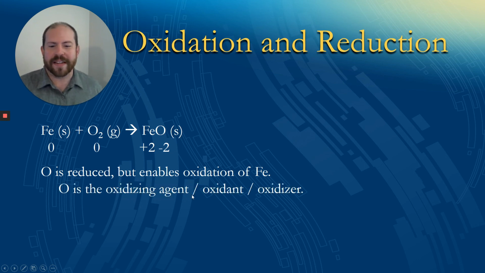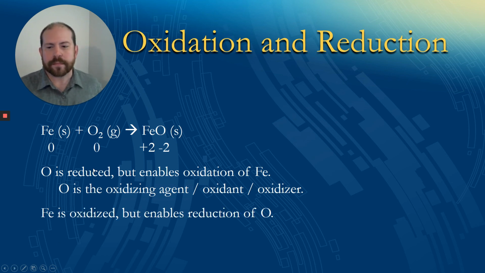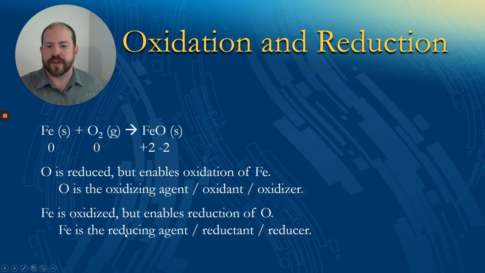We call it the oxidizing agent, and sometimes these terms get shortened to oxidant, or you may see oxidizer, particularly on labels and chemical packaging. Similarly, iron is oxidized. Iron lost electrons, which enabled oxygen to gain them. It enabled oxygen's reduction. So iron is the reducing agent, which also gets shortened in terminology to reductant or reducer.